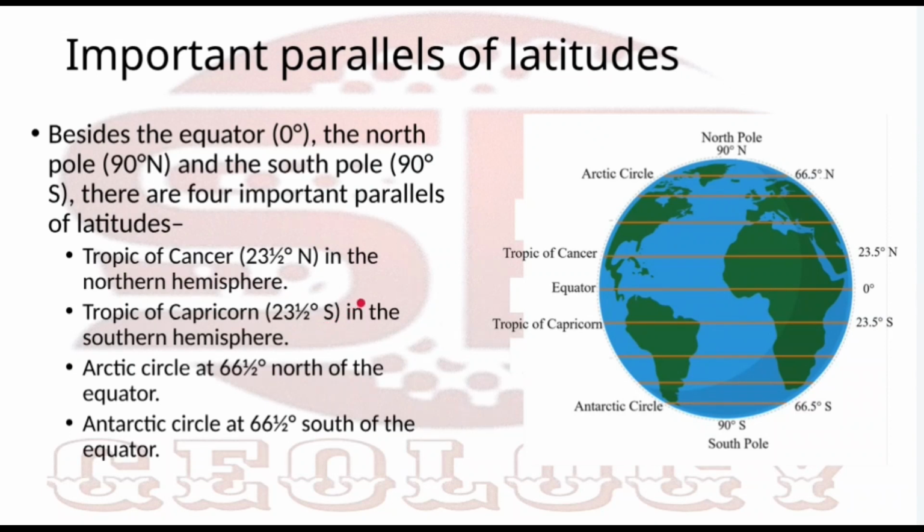First we'll see what the important parallel latitudes present on the Earth are. This is 0 degree latitude, what is called the equator. This is the North Pole, at 90 degree latitude.